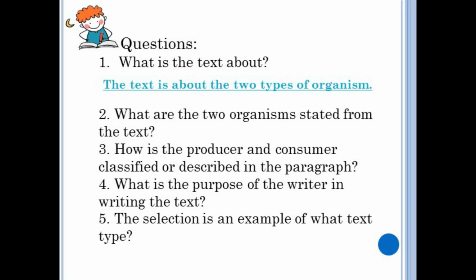How is the producer and consumer classified or described in the paragraph? Number 4. What is the purpose of the writer in writing the text? And number 5. The selection is an example of what text type?